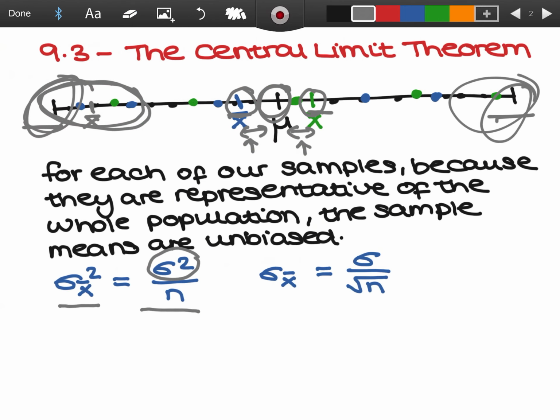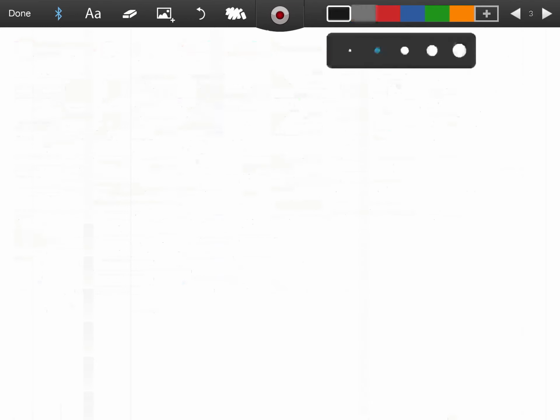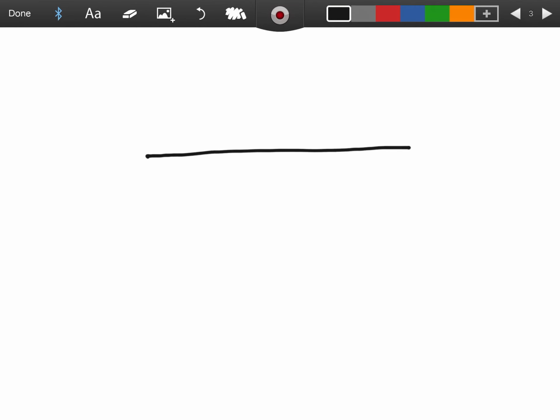But you should find that some of the sample means will be below the population mean like we had here, and some of them should land above the population mean like we had here. So what you should actually end up with is that 50% of your sample means will land below the population mean, and 50% will land above the population mean, okay? This should remind you of our normal distribution, okay? So remember back to our bell-shaped curve.